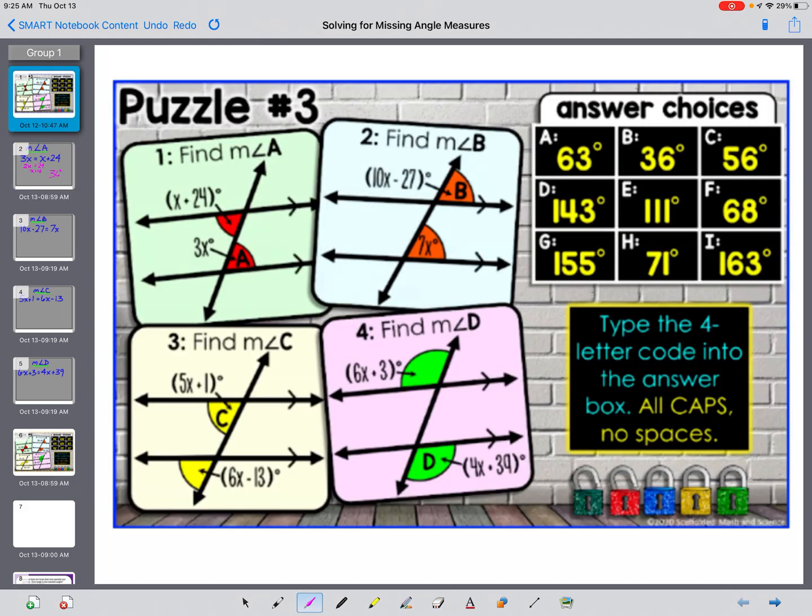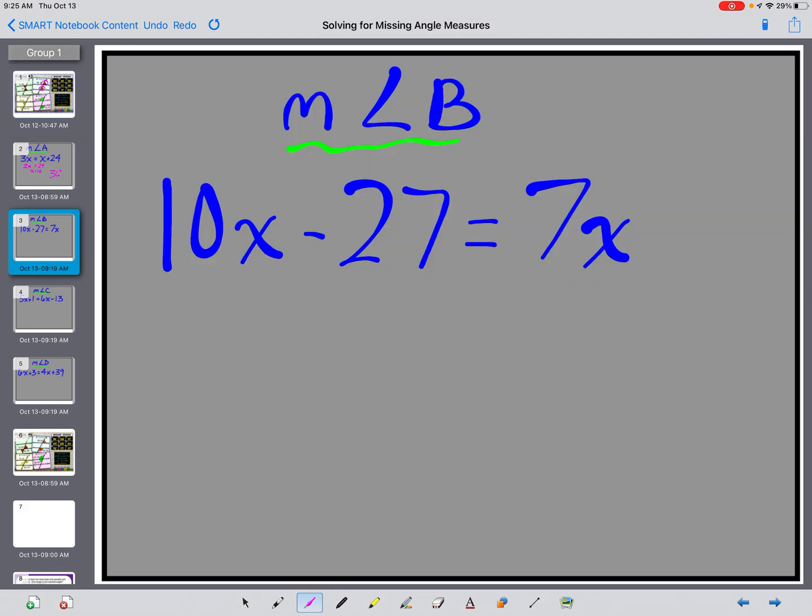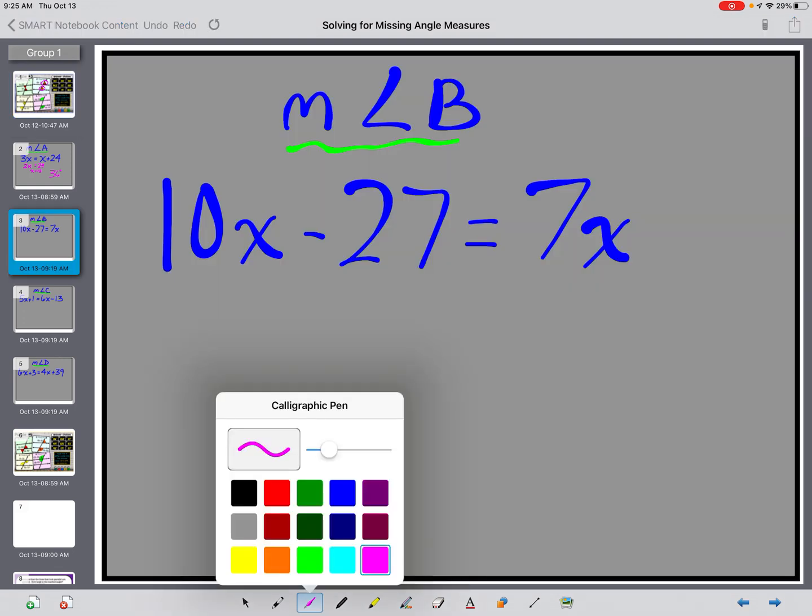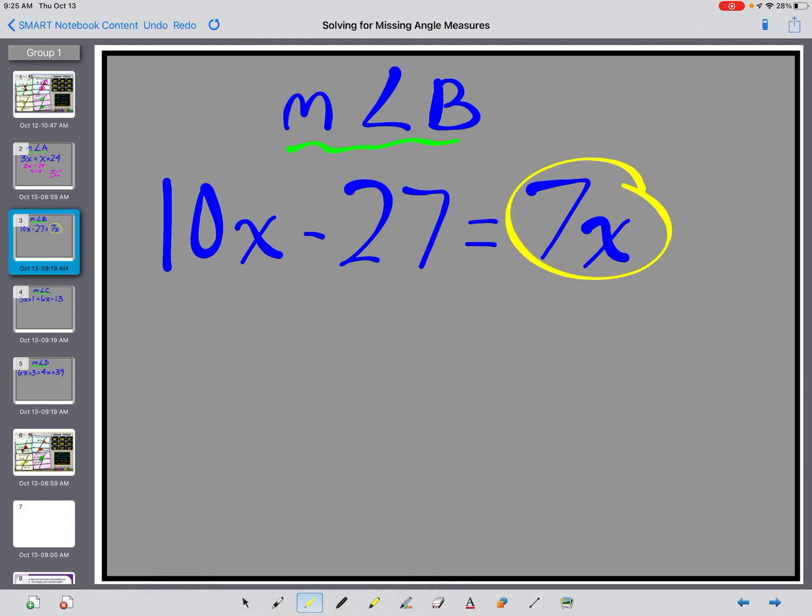All right, moving on now to measure of B, number 2. So these have a corresponding relationship, and that makes them equivalent. And so we're going to set up an equation, 7x equals 10x minus 27. Here it is all set up. All right, so using algebraic concepts, we move the 7x over here like so, and then we end up with 3x minus 27 equals 0.